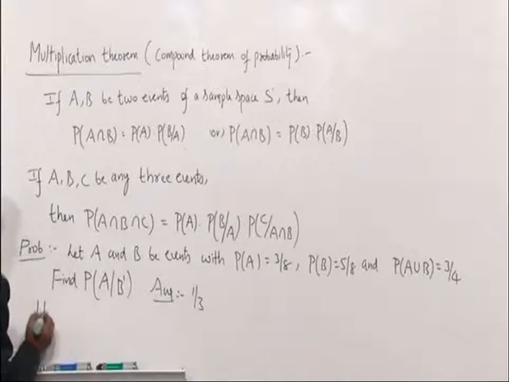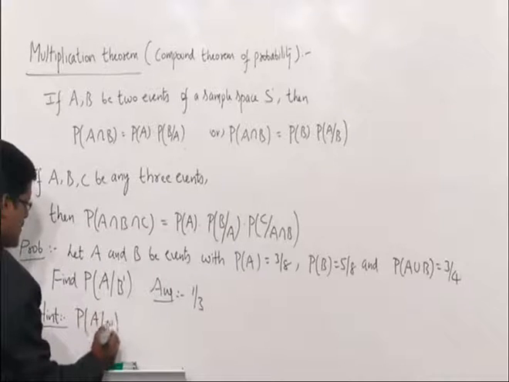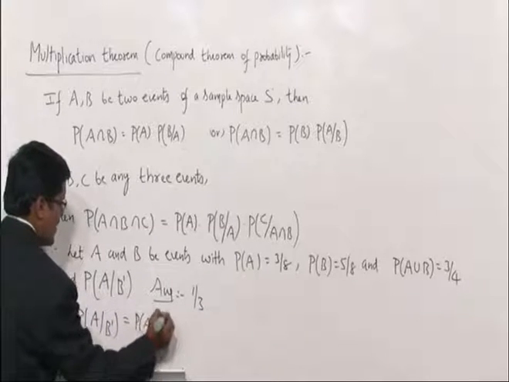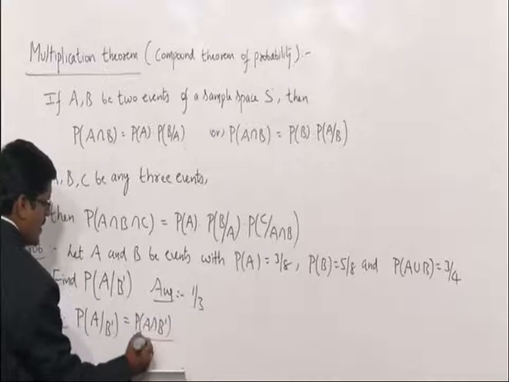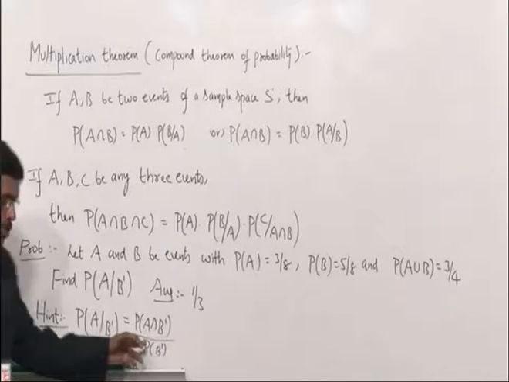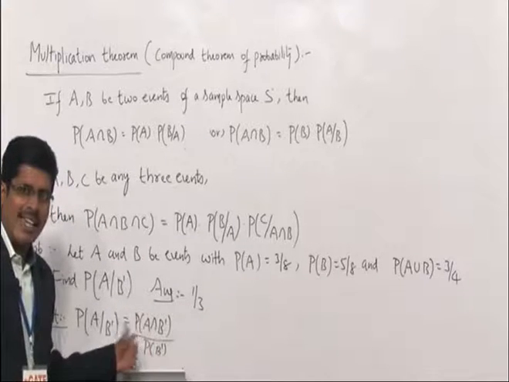I am giving a hint, the formula using the conditional probability definition. This is the probability of the intersection of the two events, that is A, B dash, divided by the denominator event probability. Here B dash, we know from the last class, B not happened means 1 minus P of happened.